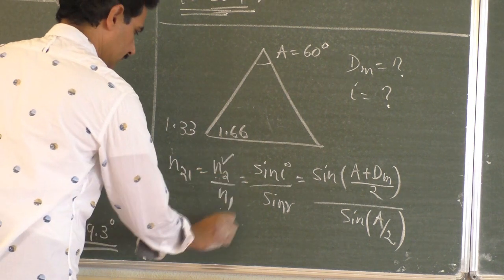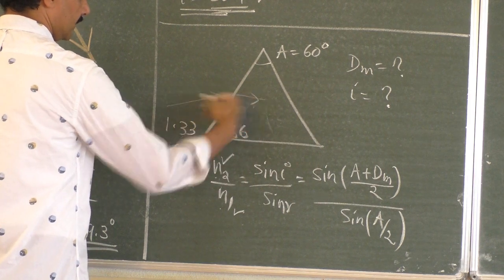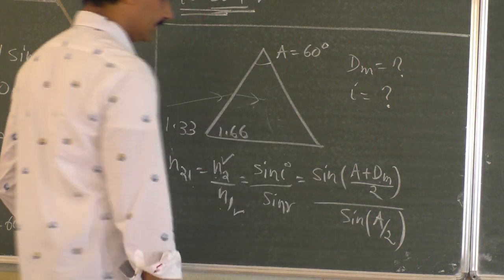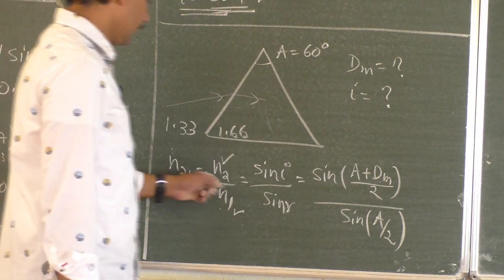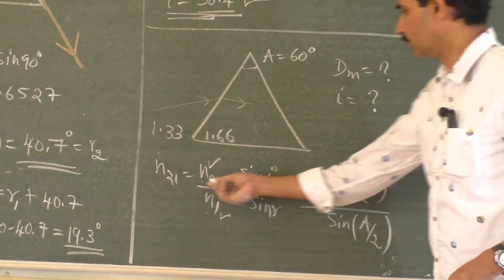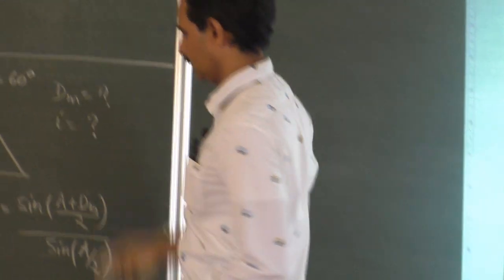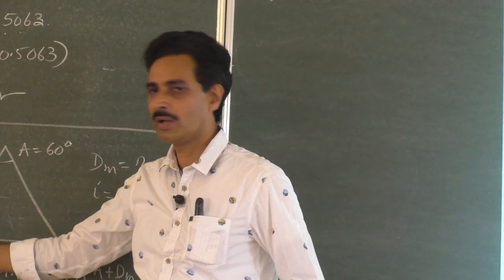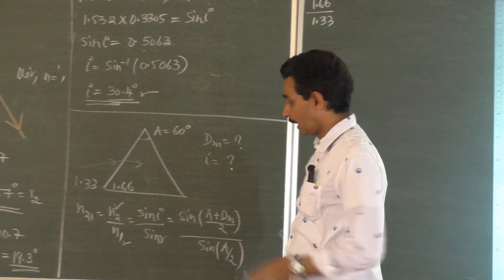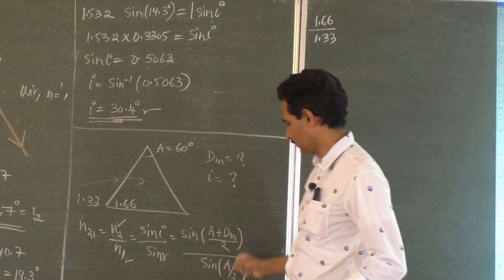List the values which are known. n2 is known, n1 is known, the ray is traveling from here to here, right? n2, n1, and A is known, only dm is missing. So shall we proceed? We will substitute n2 as 1.66 divided by n1 as 1.33, because the ray is moving from 1 to 2. Always, if the other medium is air, this will be 1, so then n equals sin A plus dm by 2 by sin A by 2.